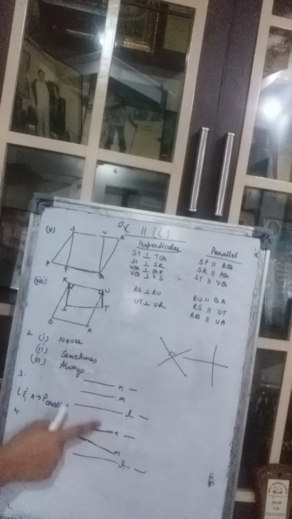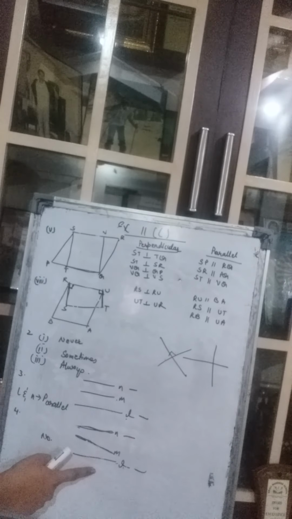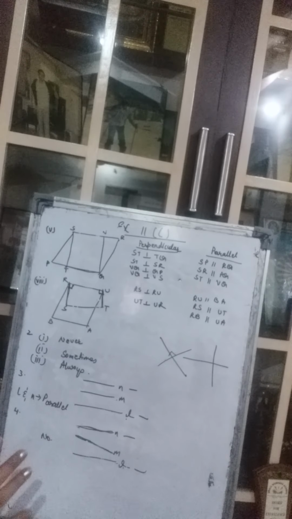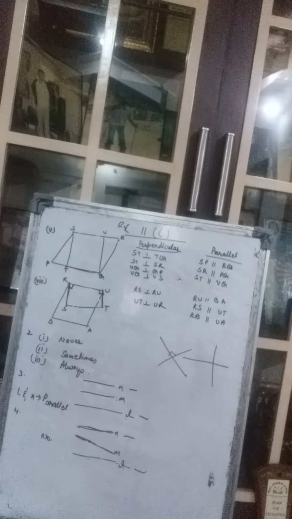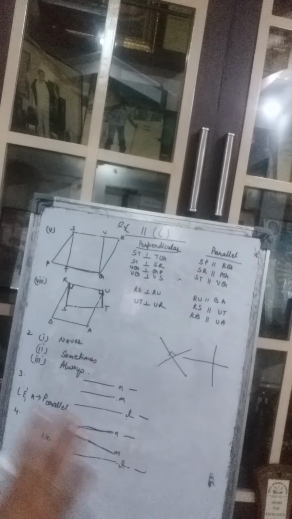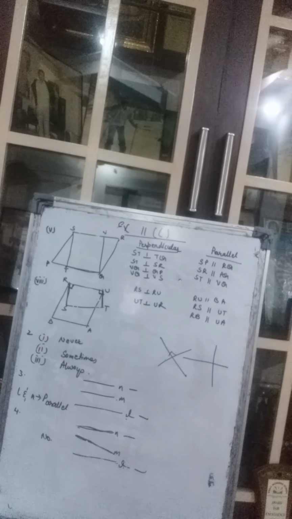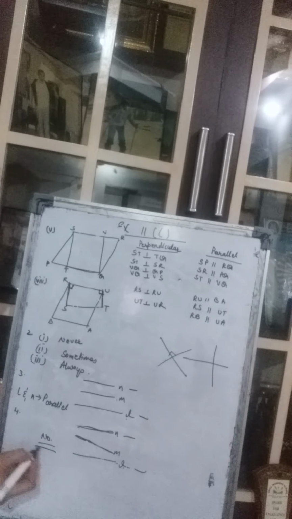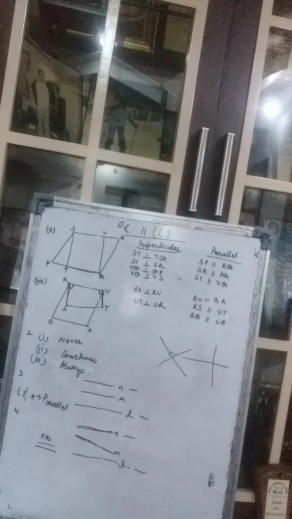So in this way, L and N will become parallel. It can be, though 100% it may not be. But you cannot say that they will never be parallel to each other. No, they can be parallel to each other. So the answer is no. Never be parallel? Answer is no. Sometimes it can be parallel. Okay, the answer is no here.